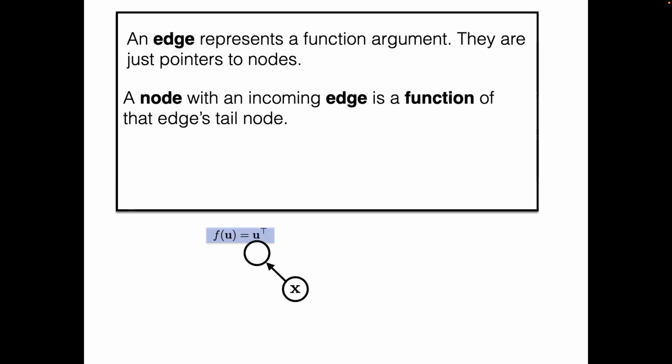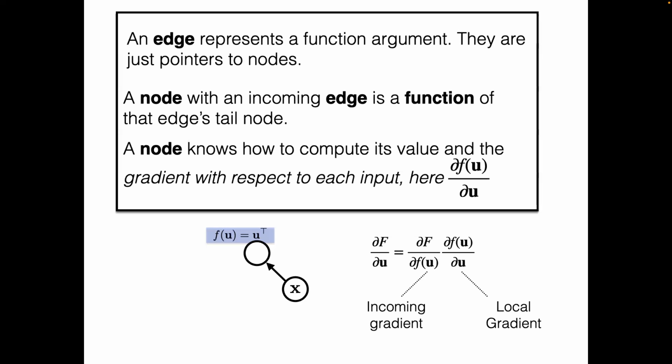So here it's f of u, but then you'll use the argument x to perform the computation. If you look at how you would implement one of these, you have to ensure that each node can do two things. It has to be able to compute the value of the function, and it also has to know how to take the gradient with respect to each input.